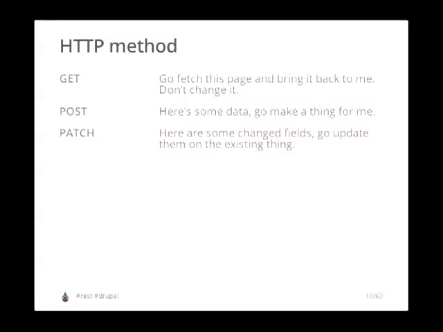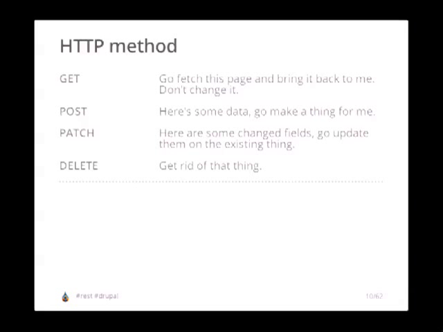Another HTTP verb you can use to indicate that is put. But we, for very specific reasons, have chosen to use patch instead. We may remember to talk about that later. If we don't remember to talk about it, feel free to ask about that at the end if you're interested. And then delete, get rid of that thing, pretty simple.